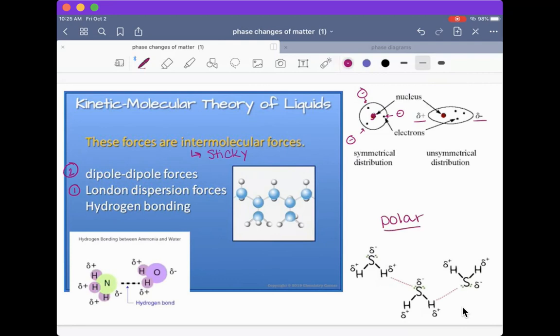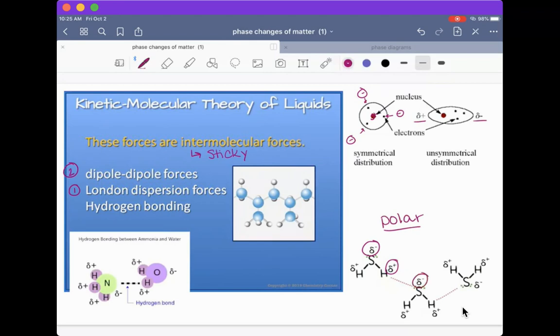And these types of molecules or particles have these partial charges all the time. So it's not instantaneous like in the London dispersion. This is something that is a constant charge on the particle. And we'll talk about all that later on. But just know that molecules that are polar, that have these charges all the time, have dipole forces.